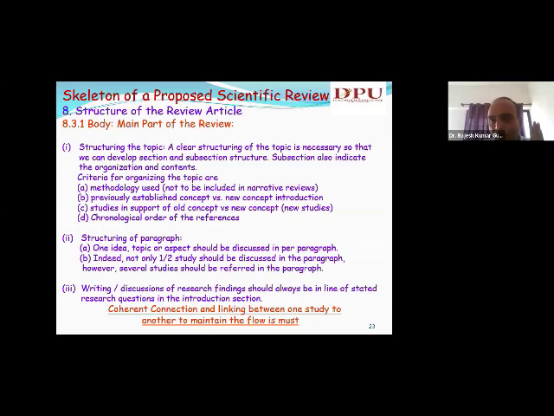We should not forget the topics we mentioned in the last 10-15 lines while concluding the introduction section. We have to develop our review in line with those stated research questions. So coherent connection and linking between one study and another to maintain the flow is a must for our review article.